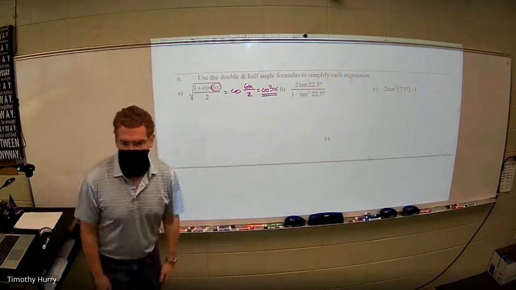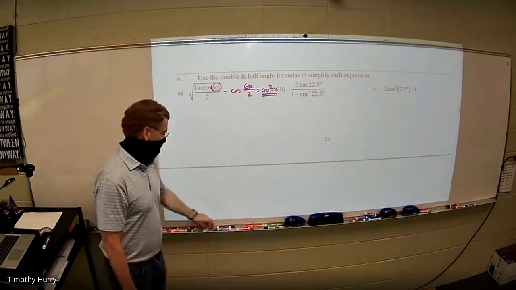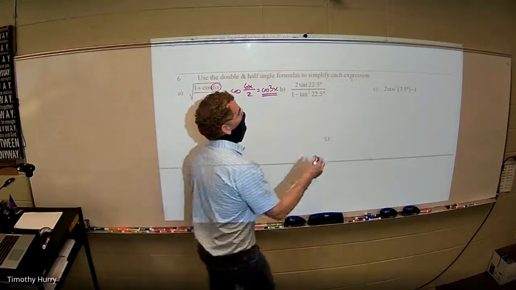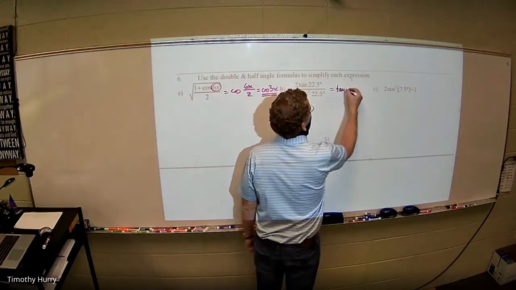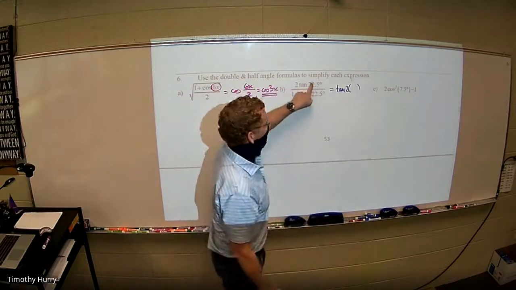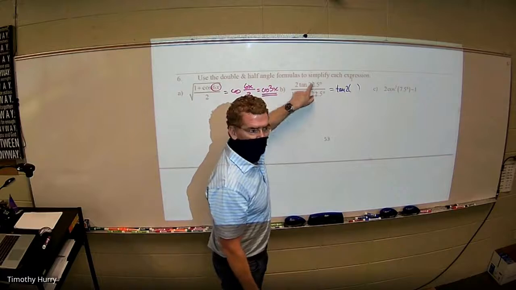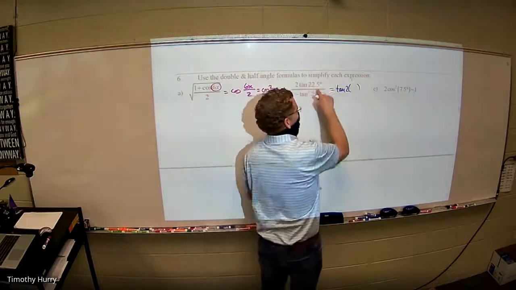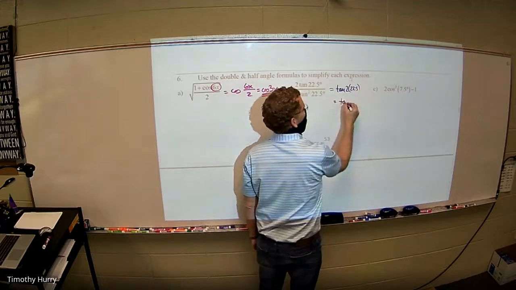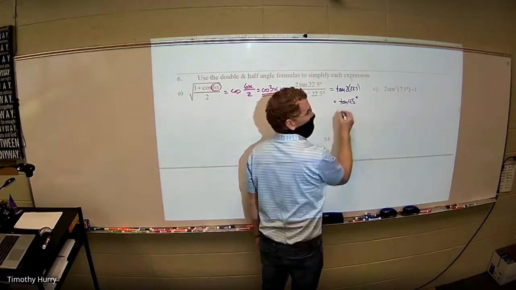What about this next one? Looks a lot like a double angle tangent. Now the double angle tangent would be tangent of 2 times theta, right? But clearly there's not a theta there, there's a what? 22.5. Well, then replace the theta here with 22.5, which now gives you what? 45.